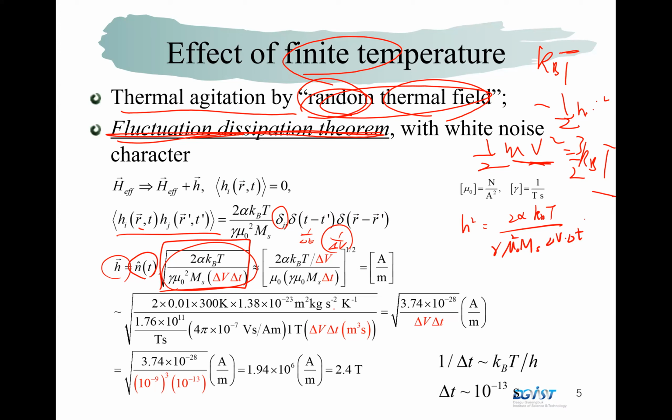Okay, so let's move to h multiplied by gamma mu0 Ms. Then this is gamma mu0 delta V delta t for 2 alpha kB T. Now we are talking about the dimension, so we don't need to care about the alpha. This is dimensionless.